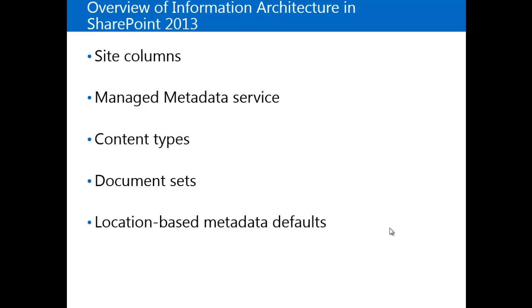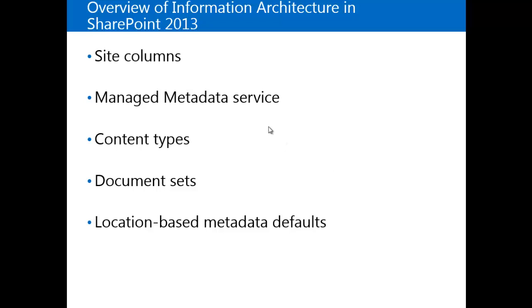Metadata management, or as we say, the managed metadata service, can hold a variety of different categories or classifications, such as, for example, departments, locations, projects, or any other suitable criteria. To classify information in SharePoint 2013, it provides us five features.